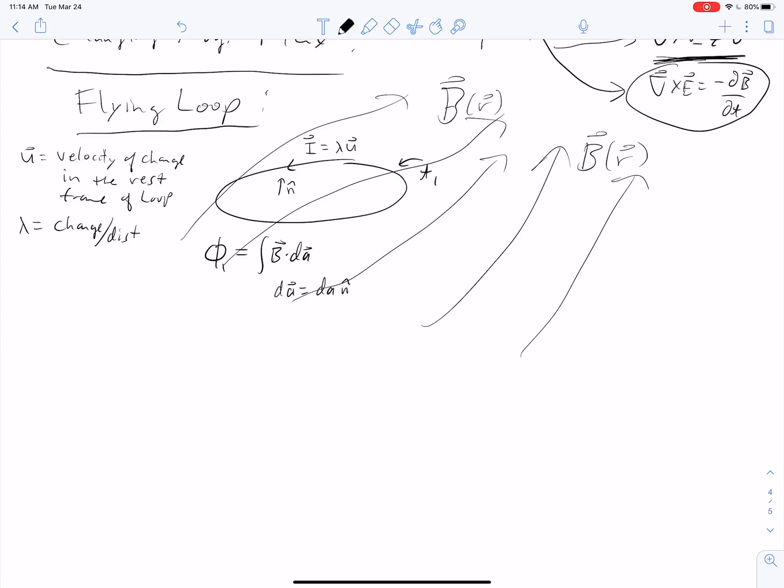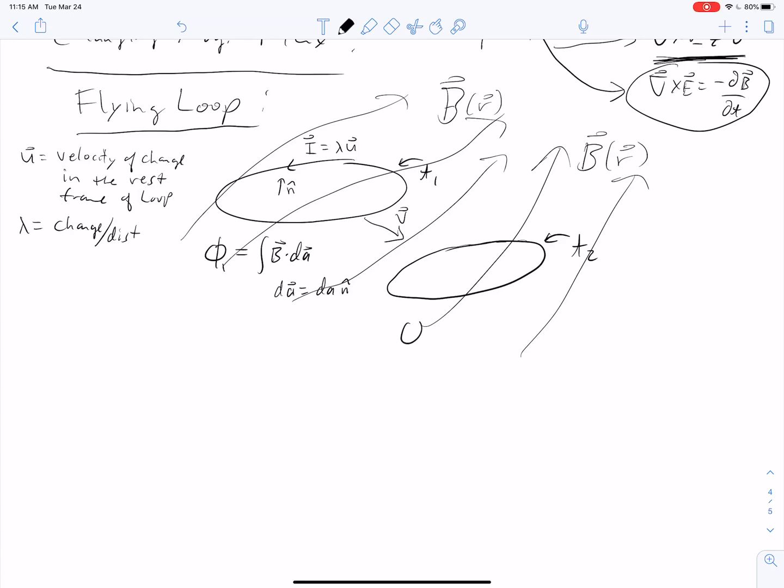But then at some later time, it's moving through the air. I throw it through the air and it has some velocity. And so at some later time, T2, it's here, and now it has a new magnetic flux.